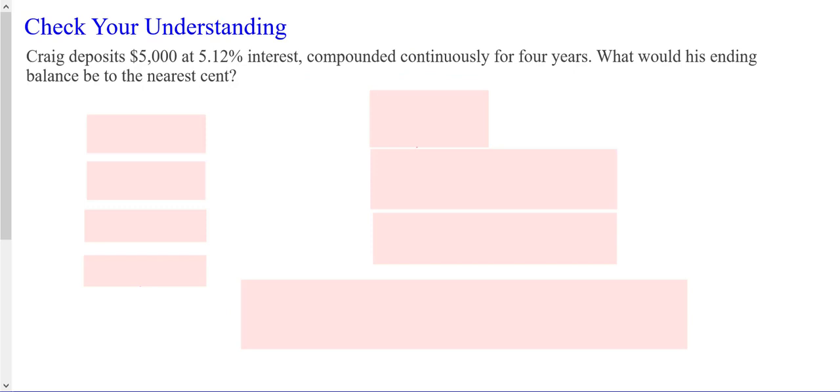So let's try another one. Craig wants to deposit $5,000 at a 5.12% interest rate, compounded continuously for 4 years. What would his ending balance be to the nearest cent? So once again, continuously.